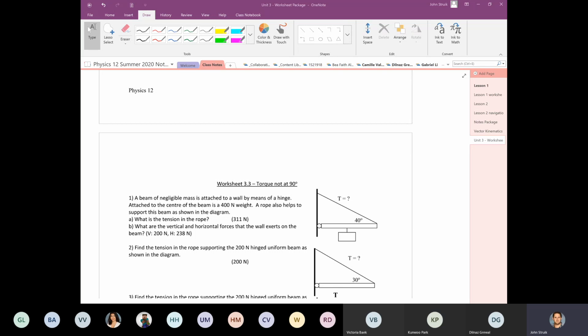We can use OneNote. In the future, for the next test, I realize now that when you upload your answers to OneNote, it has to be titled the exact same thing. So you can't just call it whatever you want. I'll tell you that when I upload the test, but it has to be called equilibrium test answers.